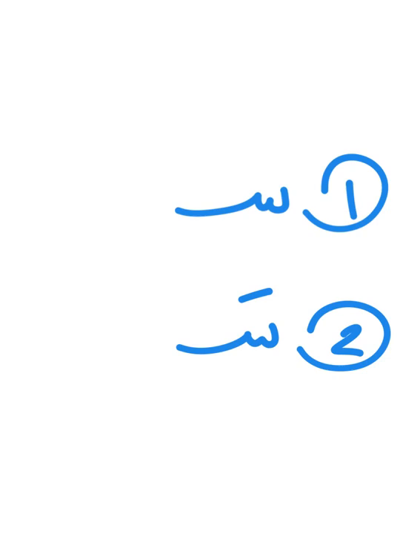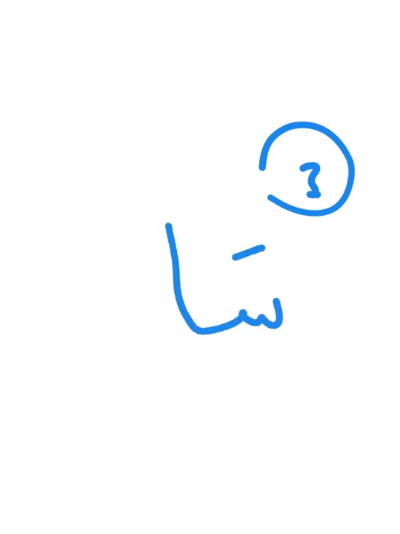You could remove the fatha, put a kasra on, si, and then put a dhamma on, su. And then as stage 3, you put down the seen with 2 fathas. Come on, children, what is this? Sun, sun, sun.